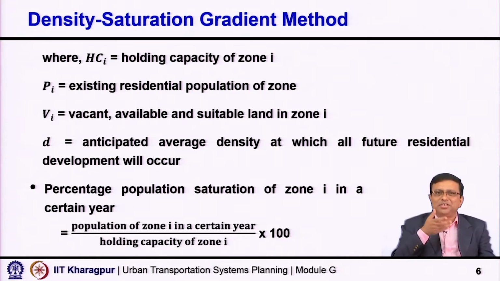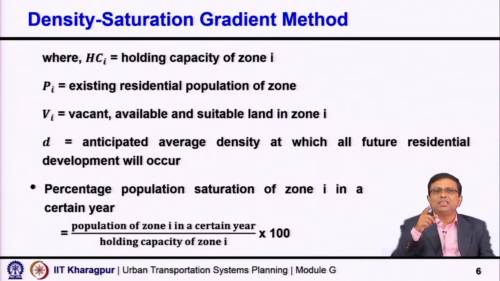As I said, HCi is the holding capacity of zone i, Pi is the existing population, they are anyhow there. So, what is the capacity? Present population plus the amount of vacant land available and suitable for a particular purpose, multiplied by D. What is the D?